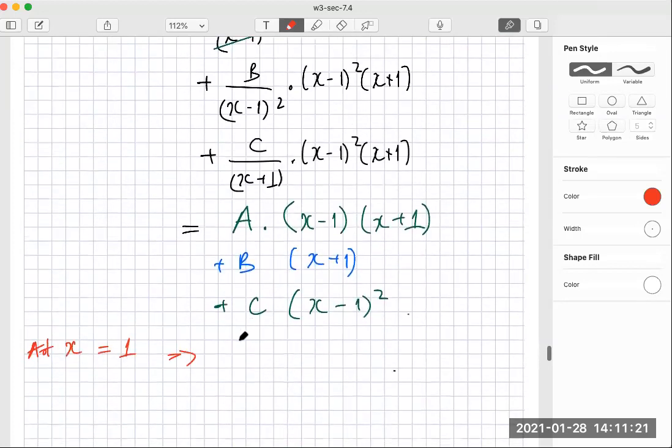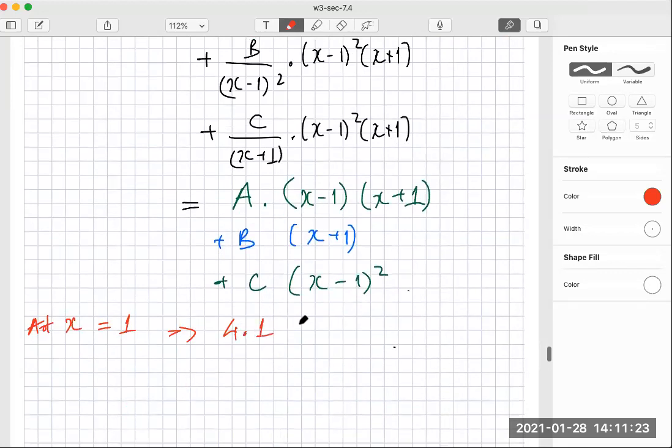Therefore, we have the relation here. 4 times 1 will be the right-hand side. At 1, this term will be 0. This term, 0. Therefore, the left-hand side becomes, be careful, x is equal to 1, okay? 1 plus 1 gives us 2b.